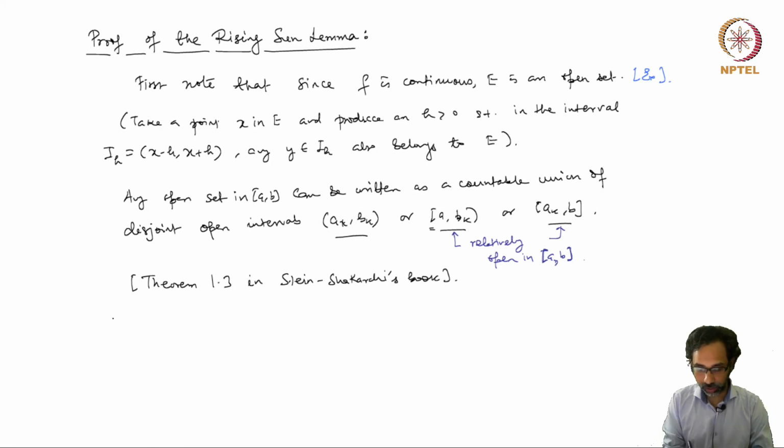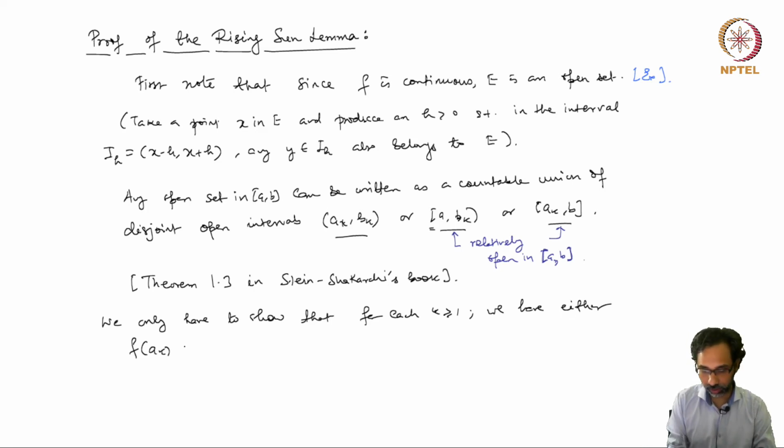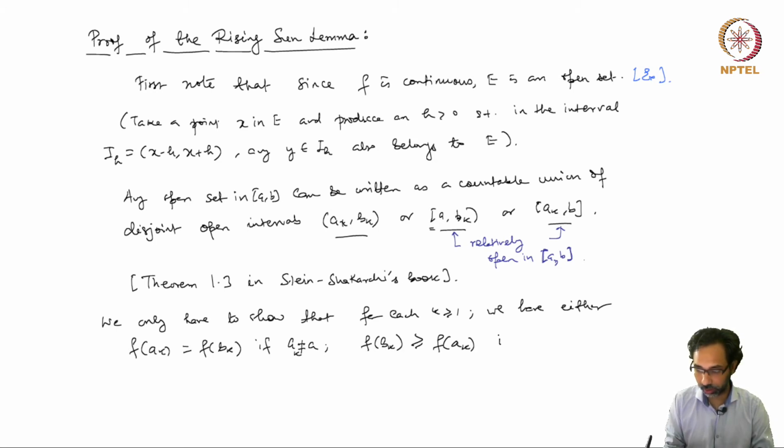So now we only have to show that for each k greater than or equal to 1, we have either f(a_k) equals f(b_k) if a_k is not equal to a, and f(b_k) is greater than or equal to f(a_k) if a_k equals a.